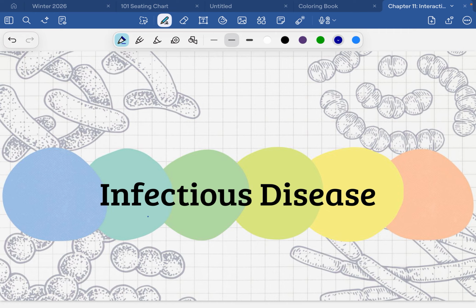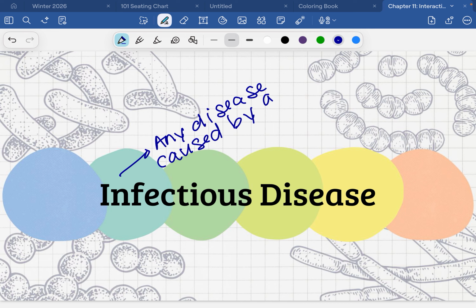And if I haven't said it before, infectious disease is any disease or change in a human's health that occurs because of an infectious pathogen or a microbe.